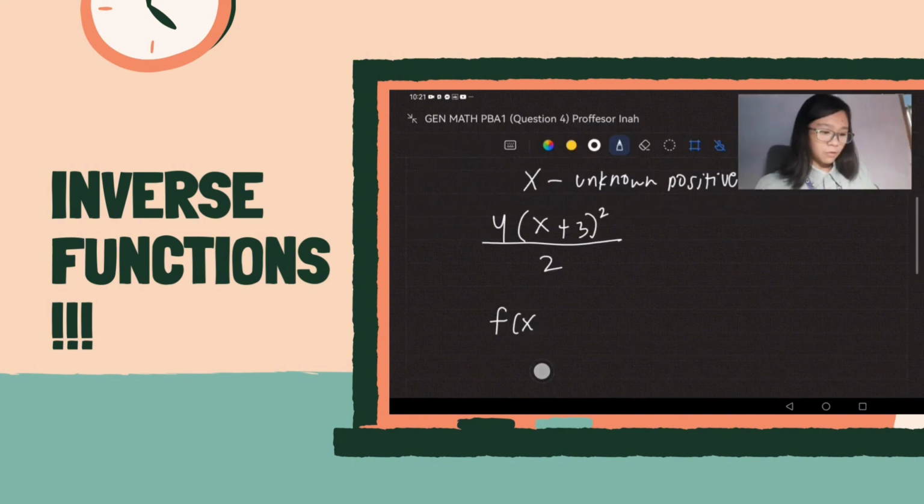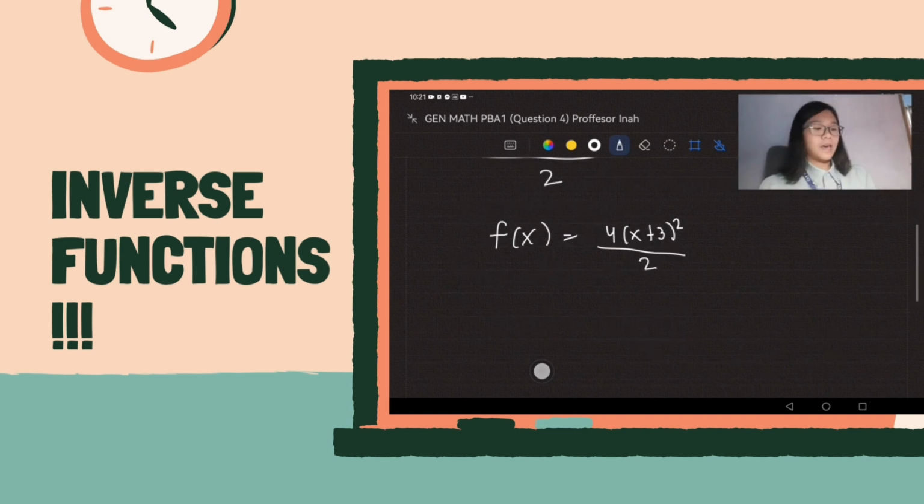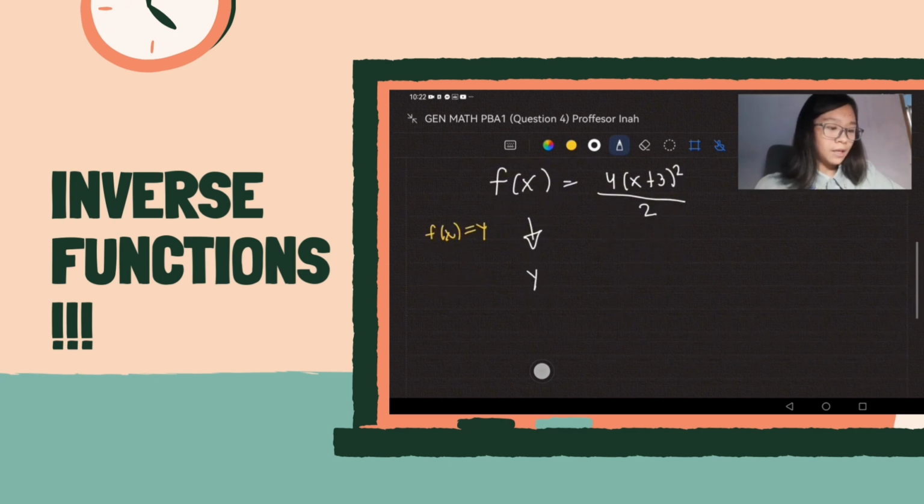This will be f of x is equal to 4 times (x plus 3) squared over 2. We know that f of x can also be written as y. So let's rewrite this: y is equal to 4 (x plus 3) squared over 2.